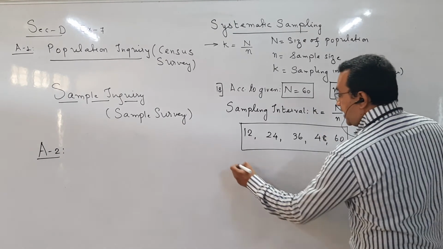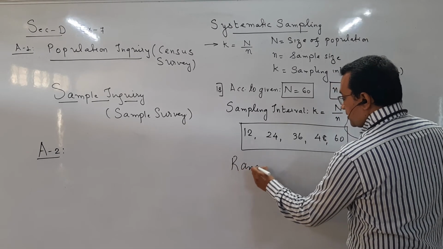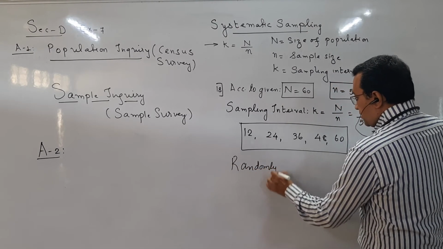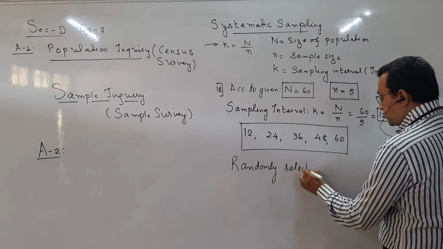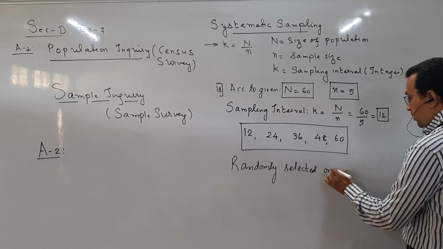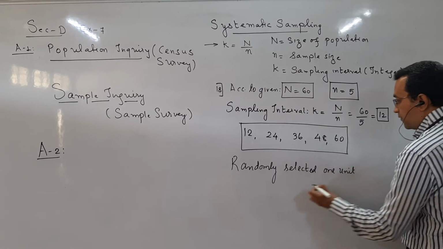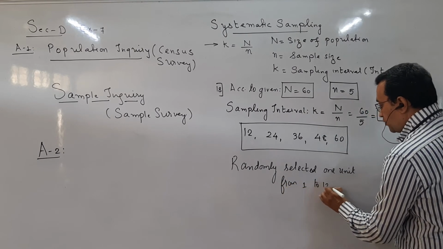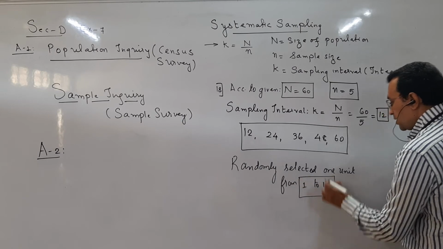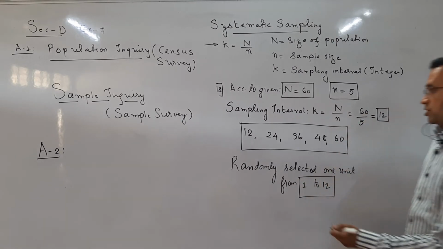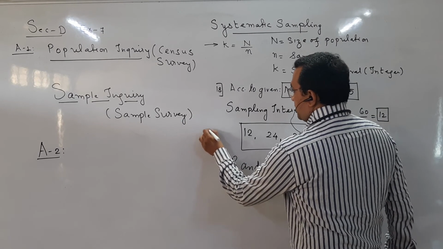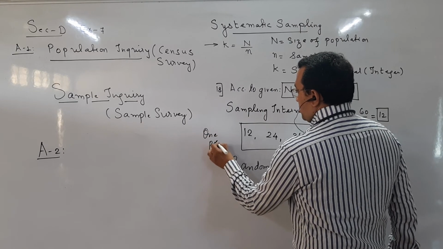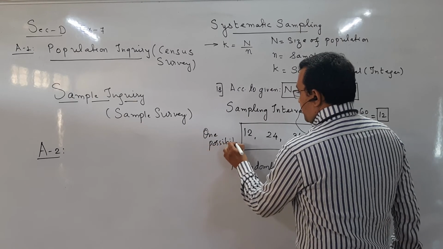I can randomly select one unit from 1 to 12. This is only one of the possibilities.